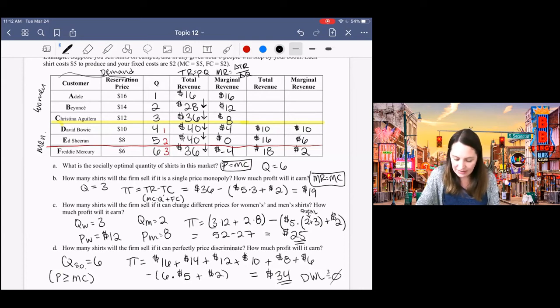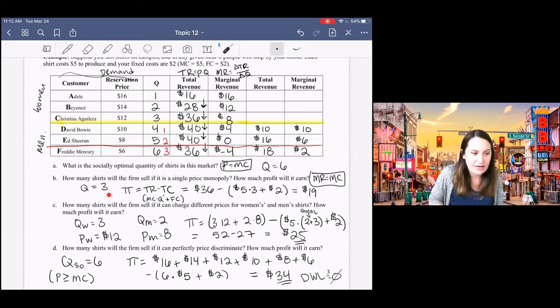The monopoly functions to restrict the quantity in order to increase its prices compared to competition, meaning that the single price monopoly is going to have the smallest number of sales and the smallest economic surplus, or the most deadweight loss. And then imperfect price discrimination is always going to be somewhere in the middle, in between single price monopoly and perfect price discrimination.